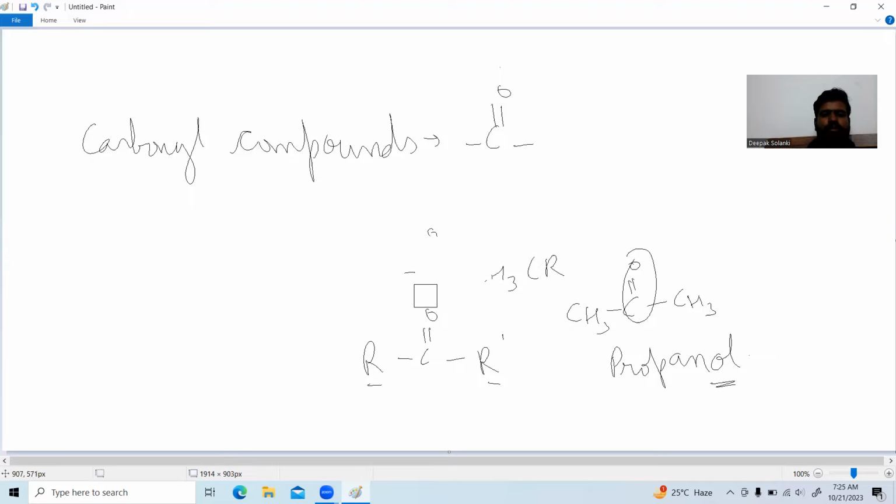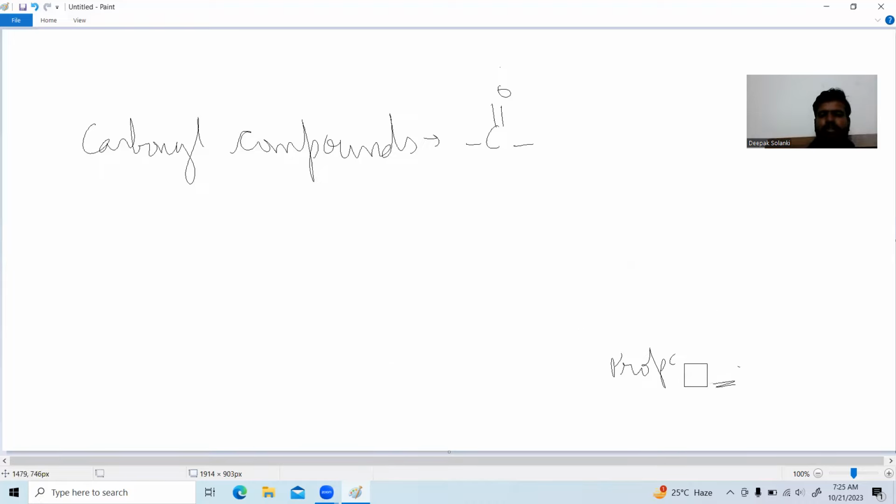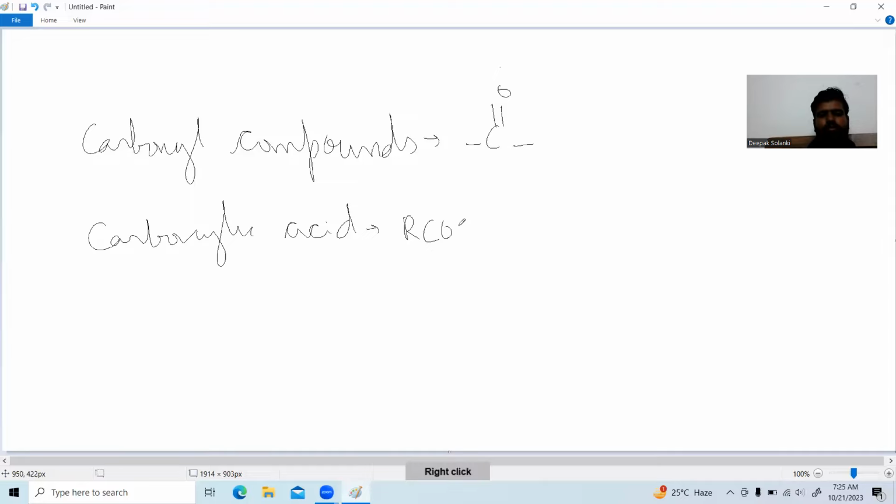Now last one I will discuss with you is the carboxylic acid, which is also a carbonyl compound. What is the formula of carboxylic acid? RC double bond OH. We can write the formula like this. Okay, carboxylic acid. We write like this also, C double bond O H. Write like this also, C double bond O and OH. And the suffix used will be oic acid.